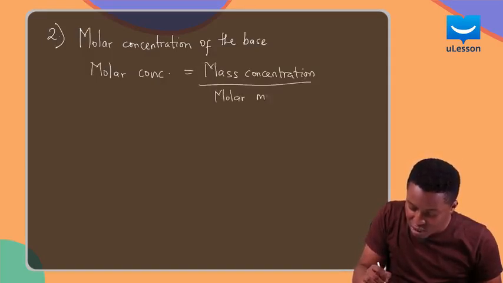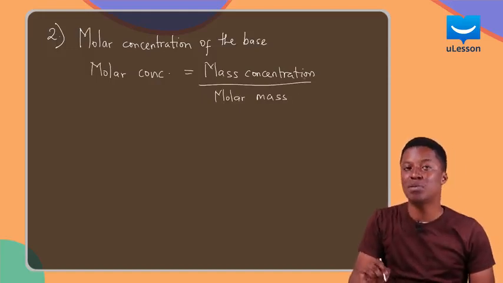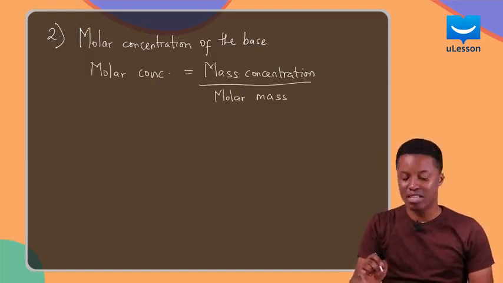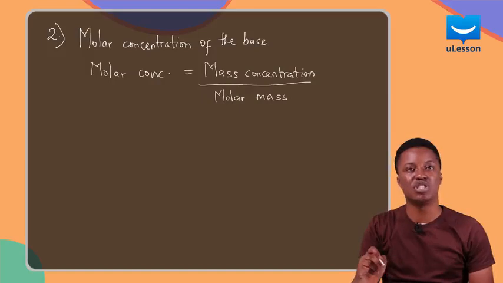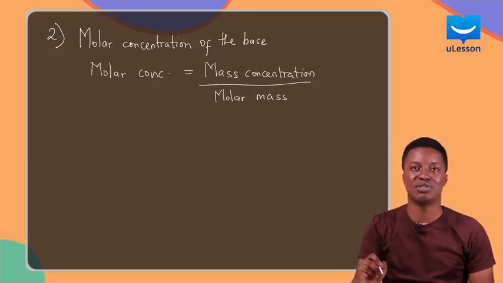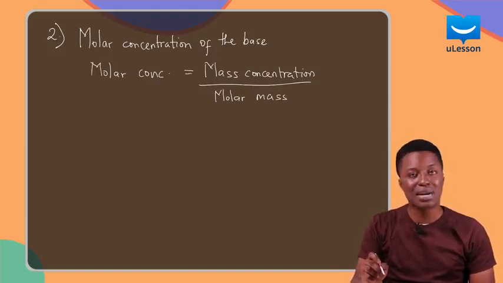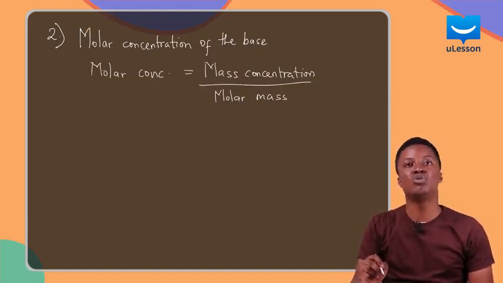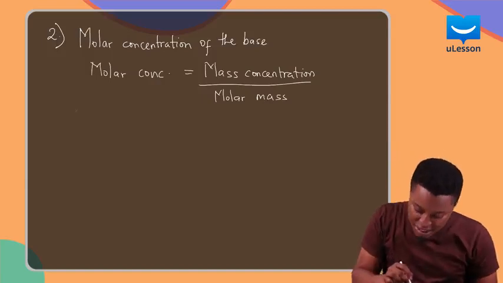So the molar concentration of the base, which in this case is sodium hydroxide, can be obtained by dividing the mass concentration, which we obtained in the previous question, by the molar mass of sodium hydroxide. Now, we have the mass concentration already, but we do not know the molar mass of sodium hydroxide. So we can solve for that.